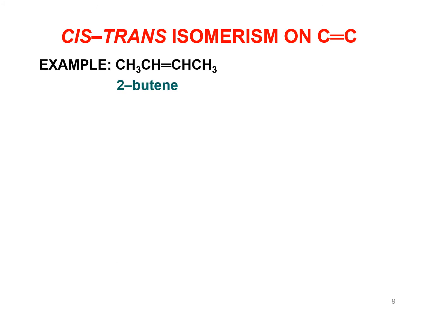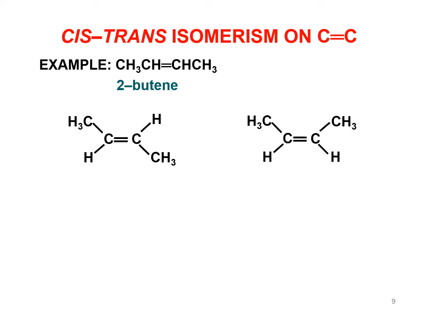Example. Can 2-butene form cis-trans isomers? Let's draw the structure. Yes, it can form. We can draw like this and another isomer like this. Check whether they can form cis-trans or not.